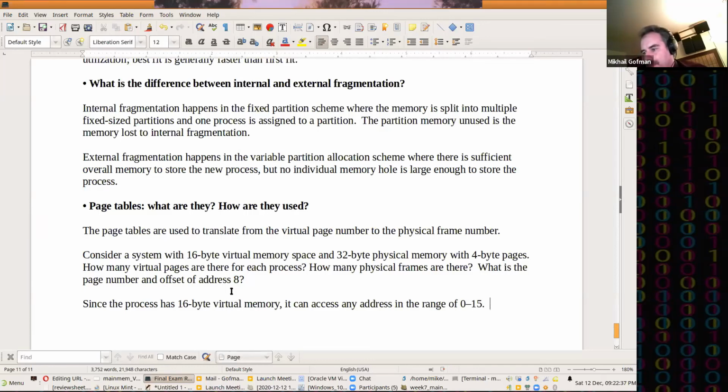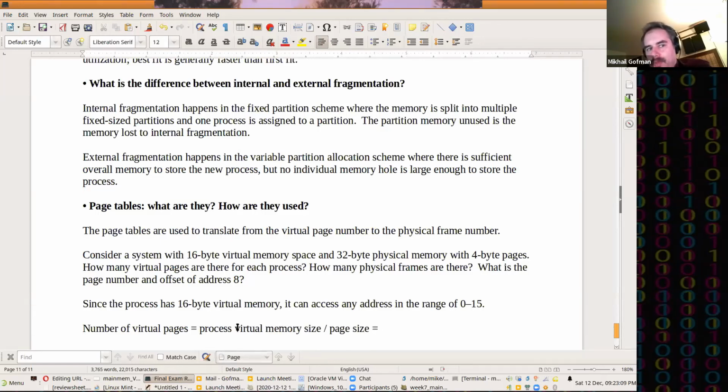So how many pages are there going to be? Well, the number of virtual pages is going to be equal to process virtual memory size divided by page size.